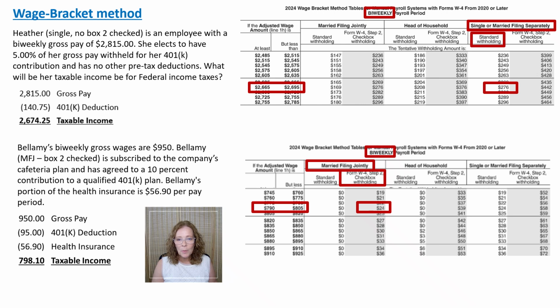Let's now talk about the wage bracket method for calculating federal income taxes. The first step of calculating the taxes is to identify the individual's marital status, number of children less than 17 and other dependents, and taxable income level, and then follow the chart in Publication 15-T or in your textbook for the amount to be withheld.